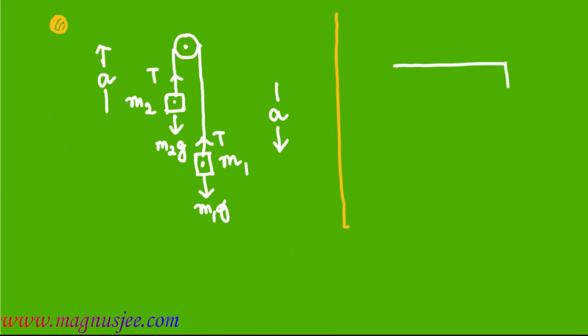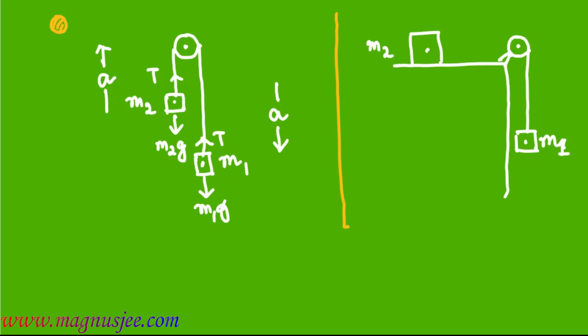On the right hand side, we can draw the diagram of this case where a pulley is set at the edge of a horizontal table. A body of mass m1 is suspended. Another body of mass m2 is placed on the horizontal table, and two bodies are tied to the ends of a string, and the string is passing over the pulley.